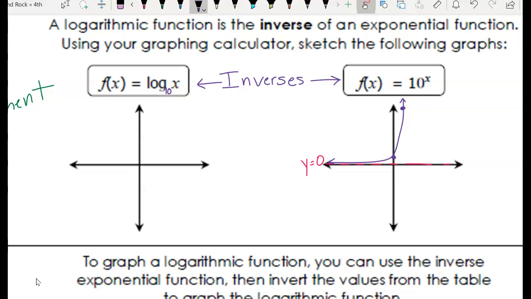Now, how do we find an inverse on a graph? Yes, we're switching x and y. We're reflecting over the line y equals x. So, if I had an asymptote at y equals 0, where is our asymptote for the log? X equals 0.